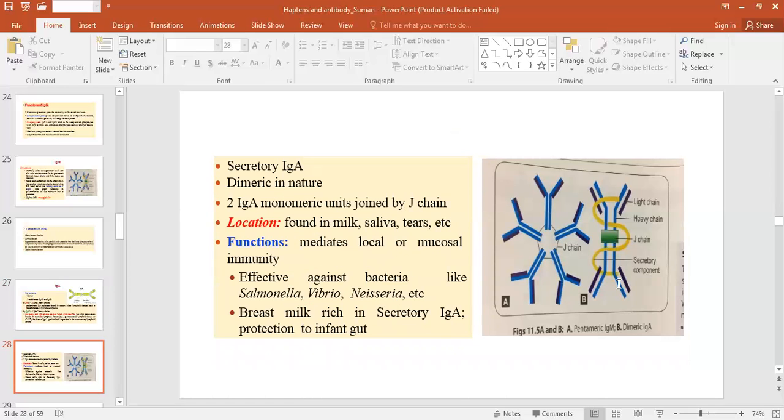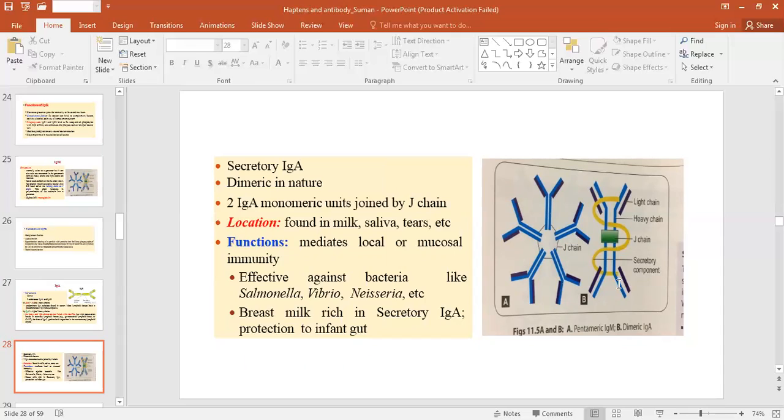So secretory IgA is also dimeric in nature, and two monomers are joined by this J chain, or joining chain. They are mostly found in milk, saliva, tears, etc. Their function is local as well as mucosal immunity.